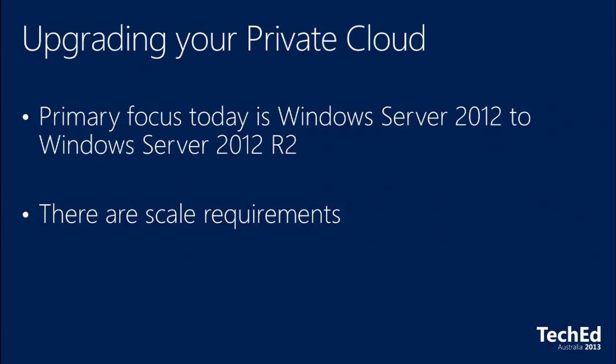The next point to make here is there are scale requirements. So if you go through all the assumptions that I listed, we can meet those assumptions, but only once you hit a certain size. When I come out to these shows and I talk to people, the most common size Hyper-V cluster that I hear about is a 3-node cluster.